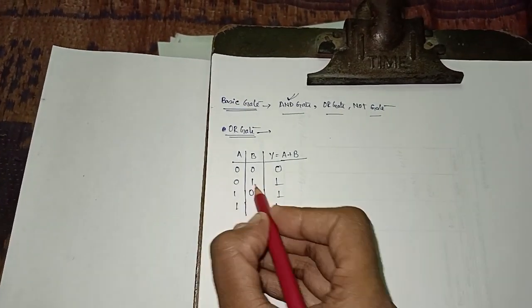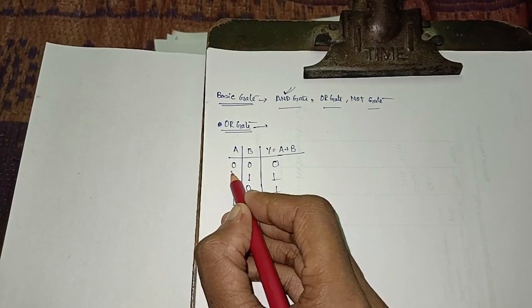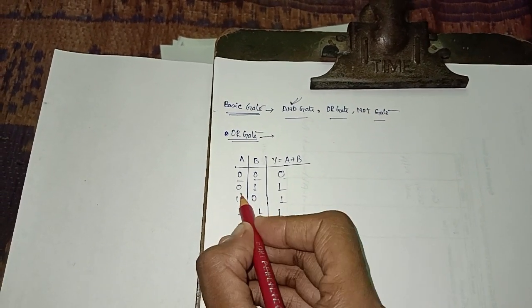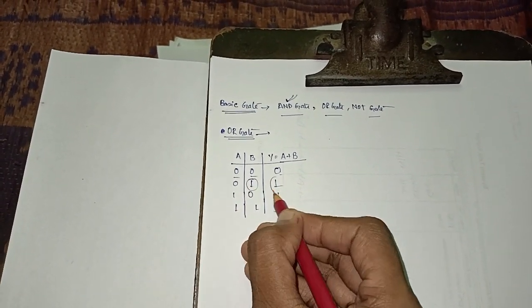So from OR we can say that if both are 0 then the output is 0. If any one is high, we get high.